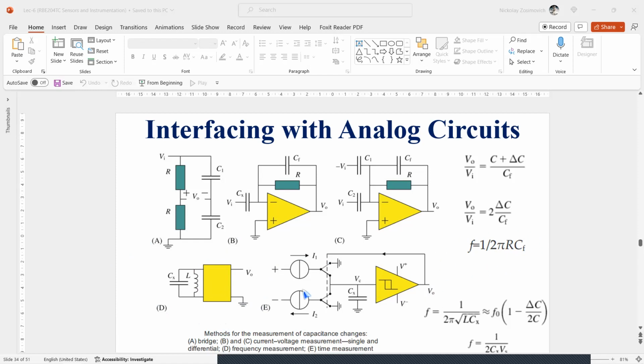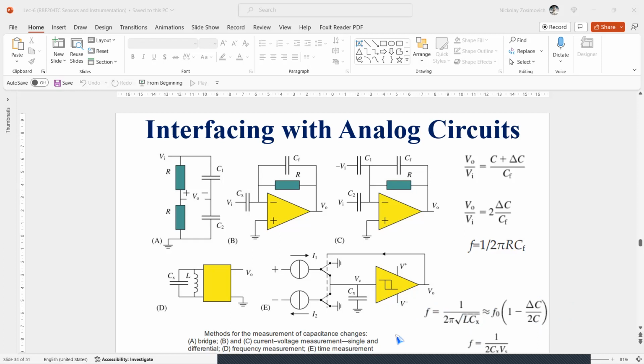In this case, the frequency F is proportional to 1 over 2 pi times the square root of LC. For simplicity, it can be expressed according to this expression, where F here is the frequency in the initial state.